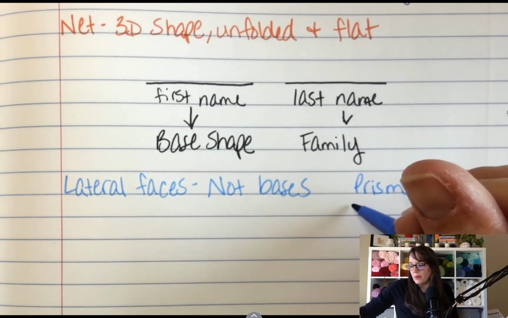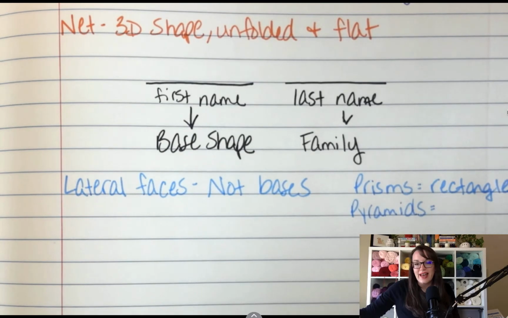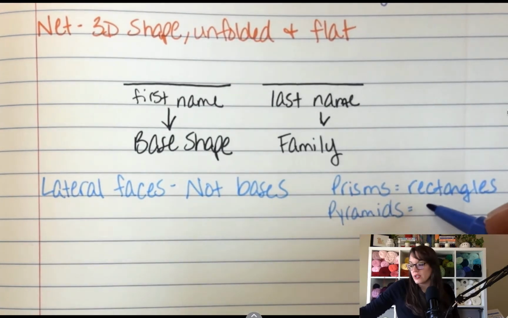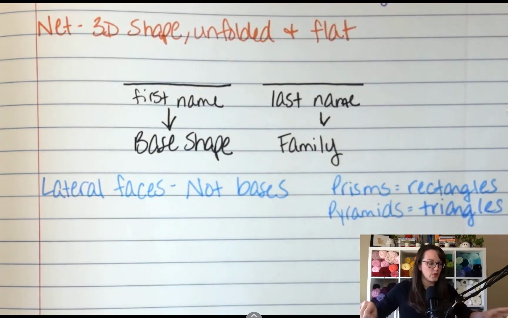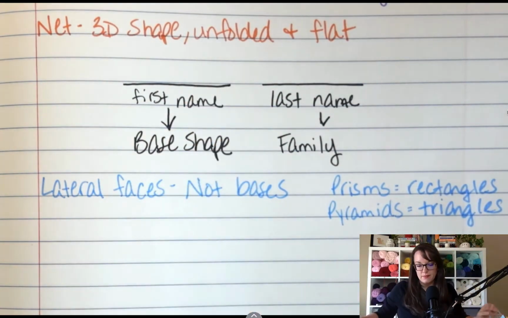When we have pyramids, the lateral faces are triangles. Again, if this is a pyramid, because it has a point, pyramids have a point, the triangles are lateral faces, and then this is the base. So the base name.